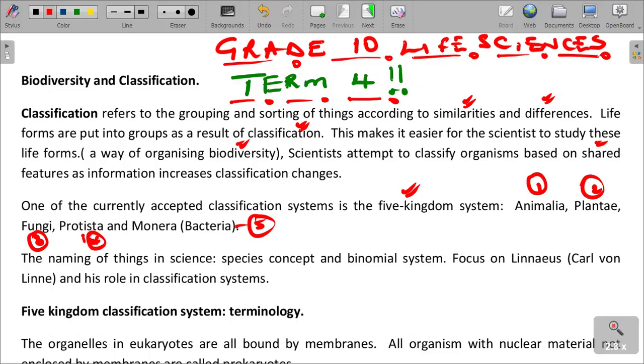When we look at comparative anatomy, which was used in those times long ago, it was only used in the classification of living organisms.